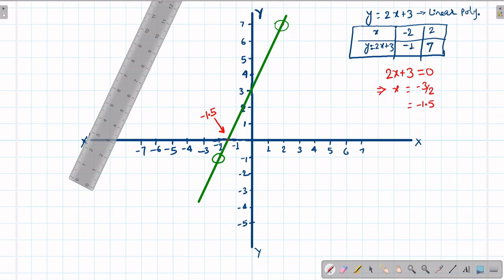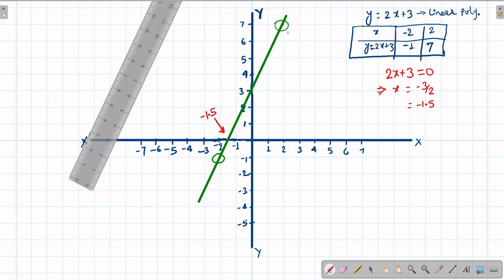Take at least one negative value of x and one positive value of x. If you desire, you can take more than these two values also, but at least take one negative value and one positive value for this linear case, meaning a linear polynomial, not for other types of polynomial.